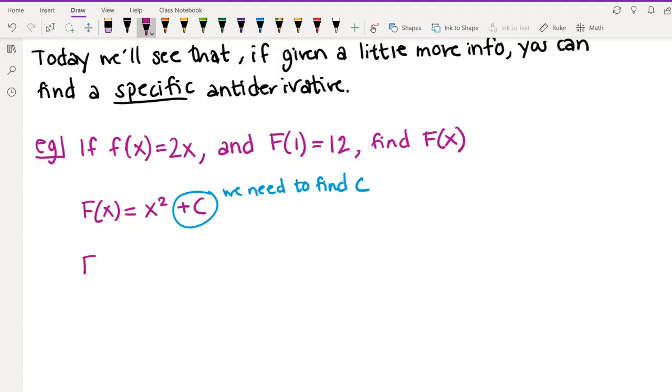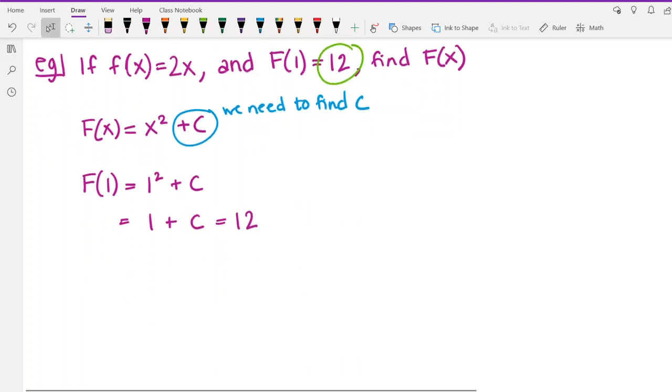If we plug in 1, we get 1 squared plus c, so that would be 1 plus c. The question told us that should be equal to 12, so we set that equal to 12, and that allows us to solve for c. If we subtract 1 from both sides, we get c equals 11.